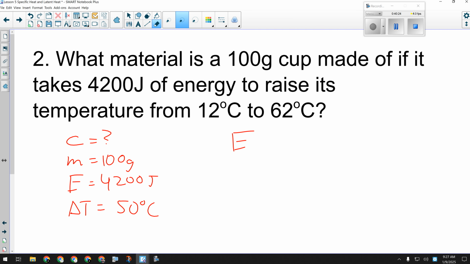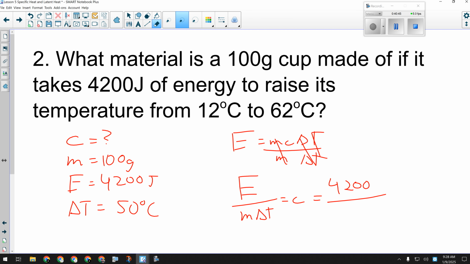So E equals m times C times delta T. I'm looking for C, so I'm going to divide both sides by m and delta T. So what I'll be left with is E divided by m delta T equals C. That's going to be 4,200 joules divided by 100 grams times 50 degrees Celsius. Now you can see where those units come from. Joules divided by grams times degrees Celsius gives you joules per gram degree Celsius.